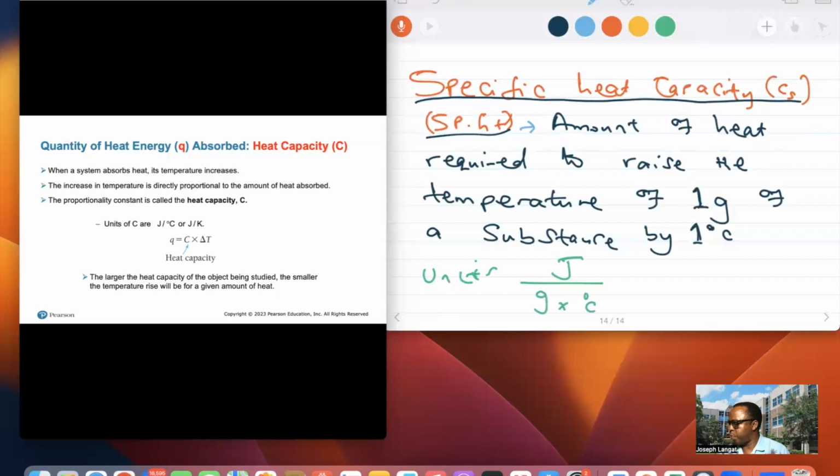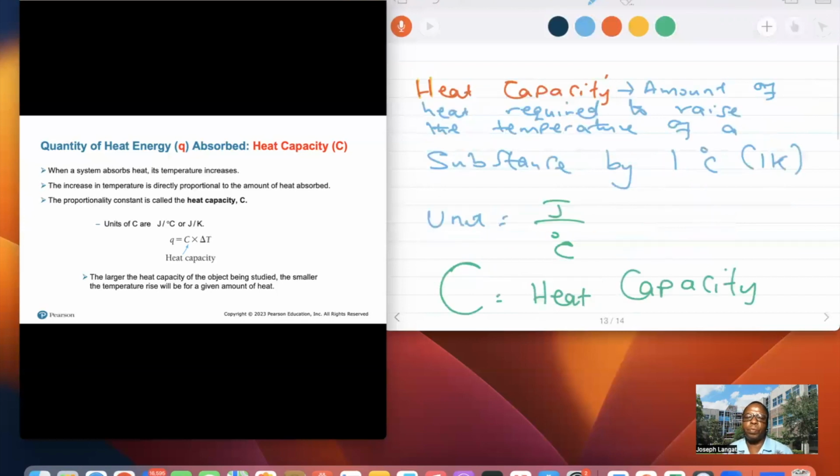This is different from the units for heat capacity. Sometimes I see multiple choice questions: what are the units for heat capacity? What are the units for specific heat capacity? How do you define the specific heat capacity? How do you define the heat capacity, and so forth?